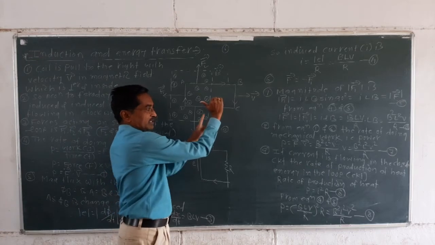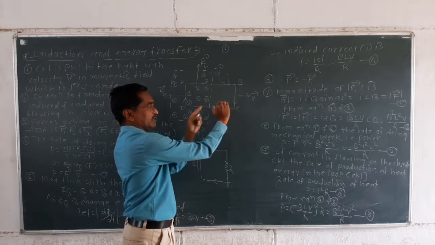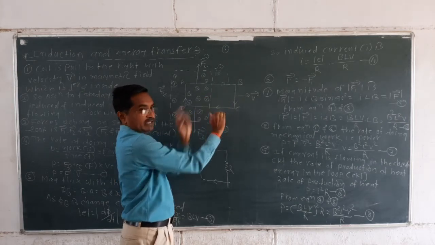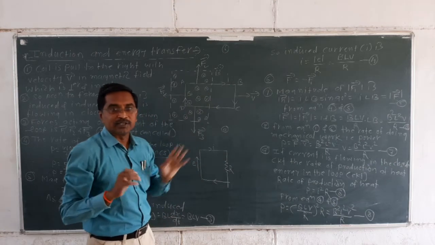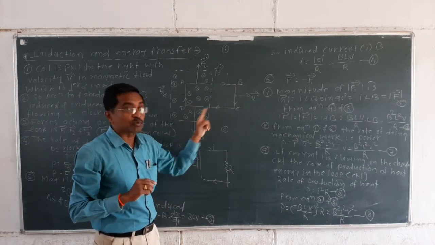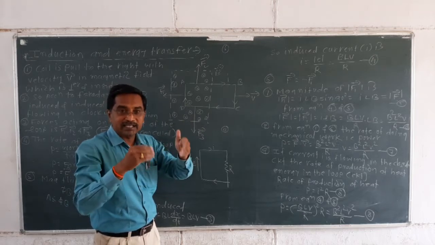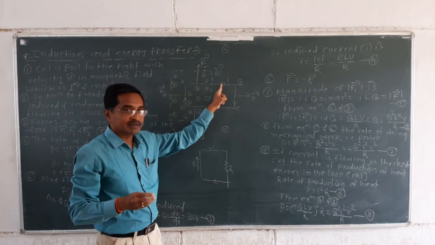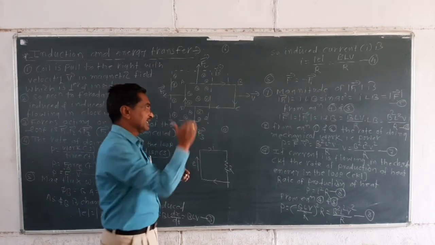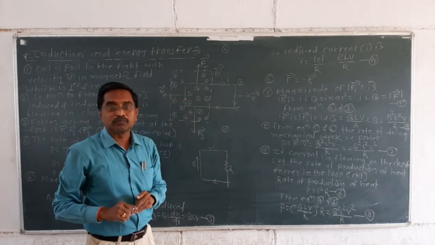Right? The thumb is along the current, and if you curve the fingers around the conductor, the direction of the magnetic field is into the plane. It means the induced current which is produced here generates a magnetic field, and that magnetic field is again into the blackboard.